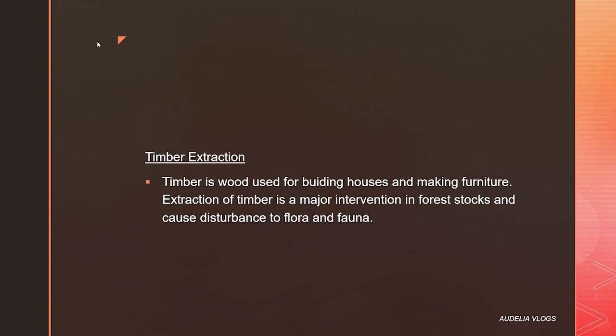So timber is wood used for building houses and making furniture. Extraction of timber is a major intervention in forest stocks and causes disturbance to the flora and fauna. Flora means the plant life, fauna means the animal life.